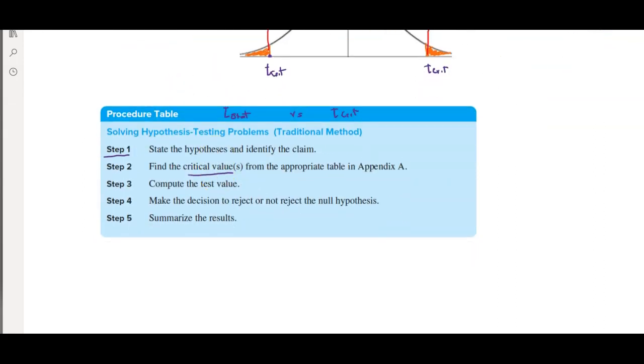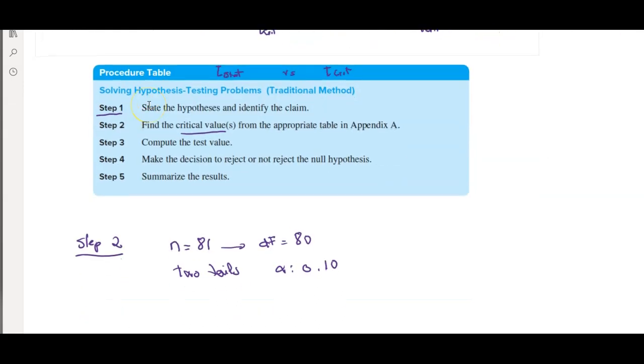For step 2, we need the N, obviously, and the N is going to be 81. So the degree of freedom should be 80. Now we know we are using two tails. So the alpha for two tails is going to be 0.01.